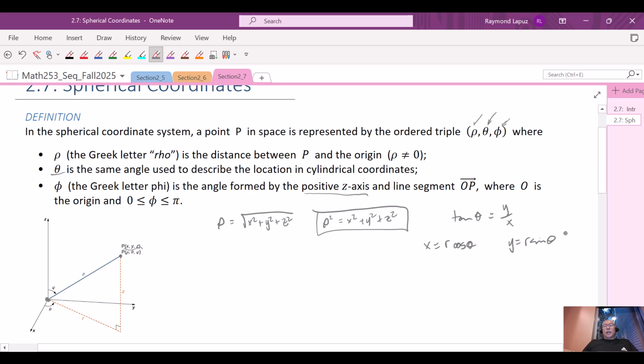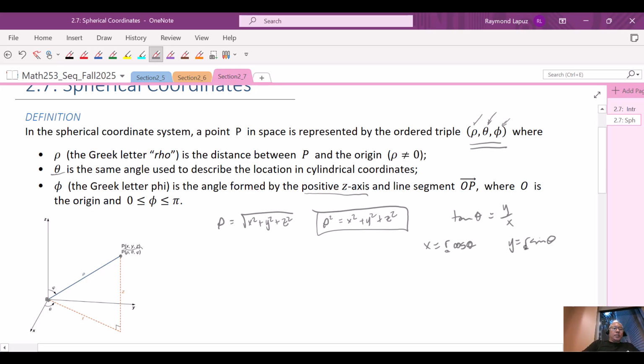I know it's cylindrical, but our new spherical coordinate system doesn't have an r. So if we can find a representation for r, maybe we can fix that.